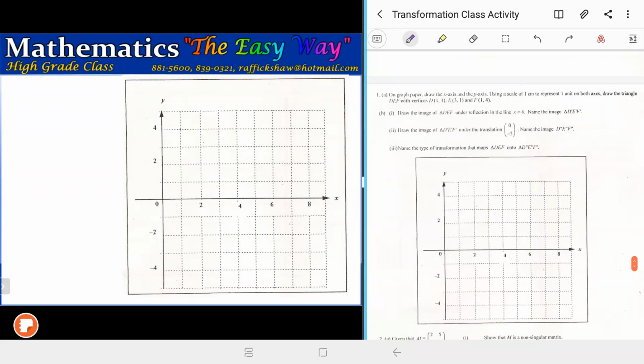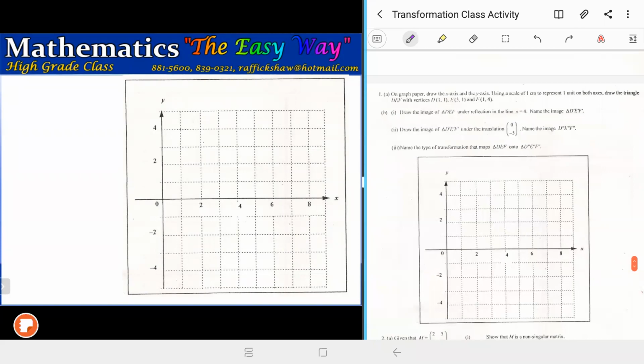So the question says, on the graph paper, draw the x-axis and y-axis. We actually did that part already. Use a scale of 1 centimeter to 1 unit. That's done already as well on both axes. And then we're to draw a triangle DEF. So this is what we're doing now. We're drawing triangle DEF with vertices (1, 1), (3, 1), and (1, 4).